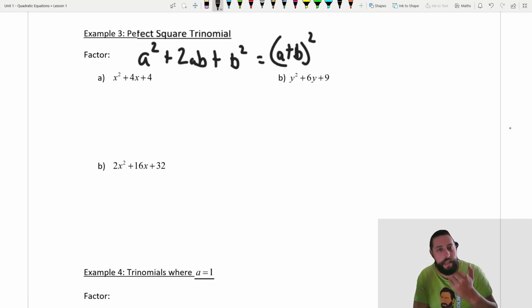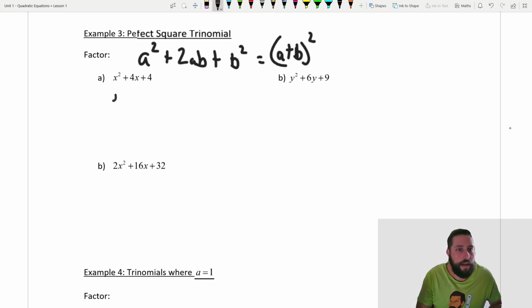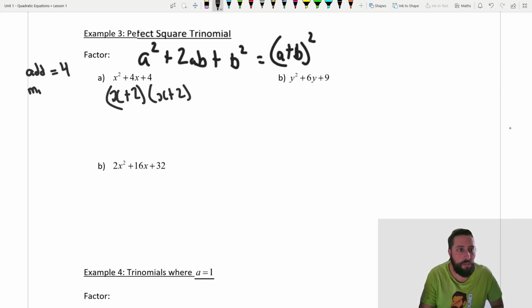Okay, all right. In this case, because it's a perfect square trinomial, it's going to be x plus 2, right? And then x plus 2, right? It has to add to 4, but multiply to also equal 4.